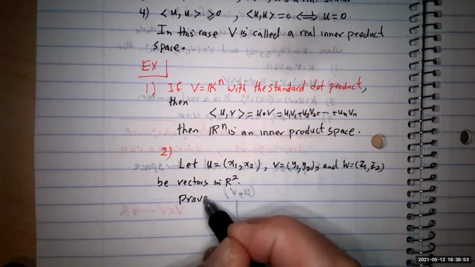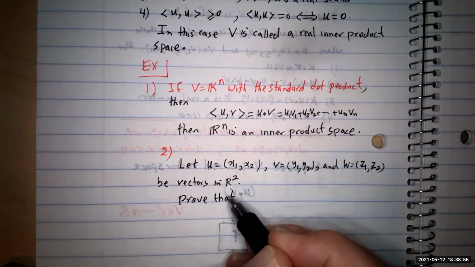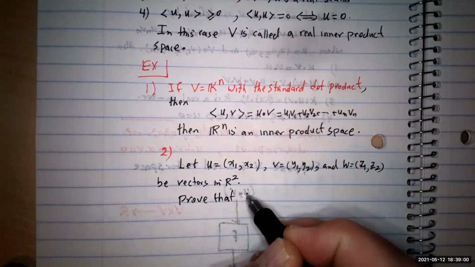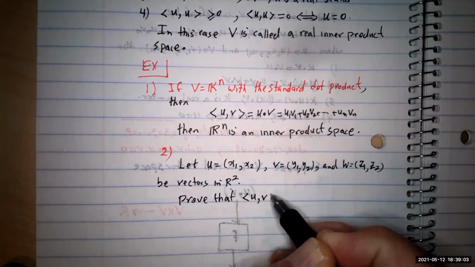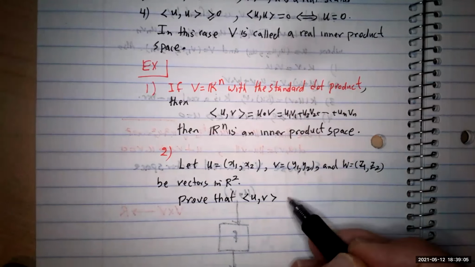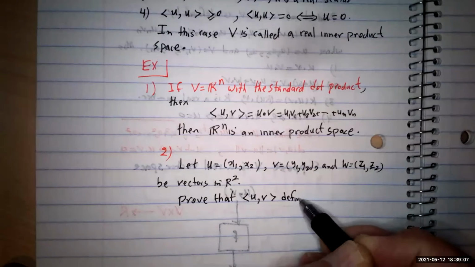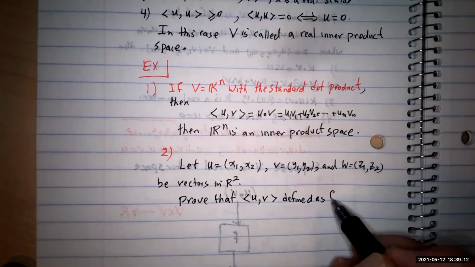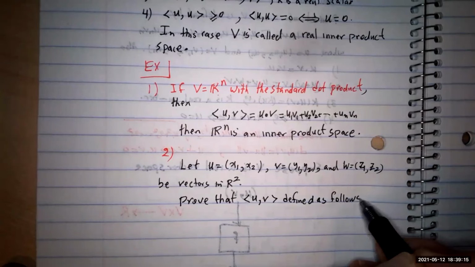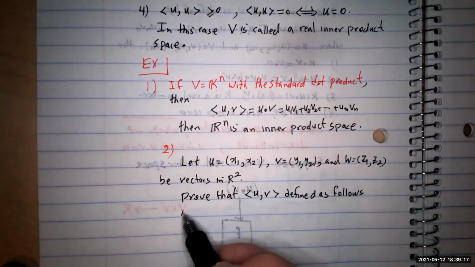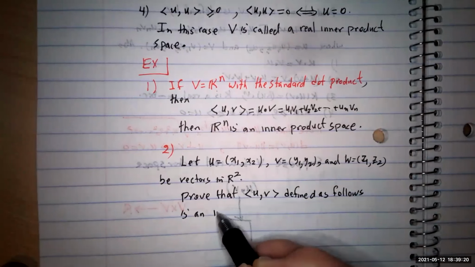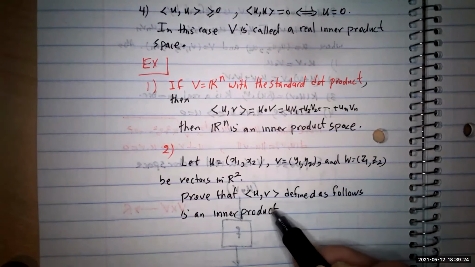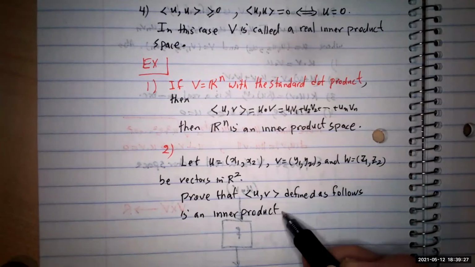We would like you to prove one of those weighted definitions. Prove that if this inner product U comma V is defined as follows, it is an inner product on R2.